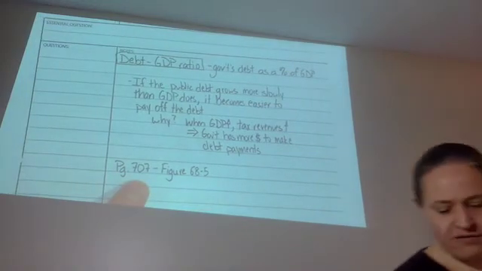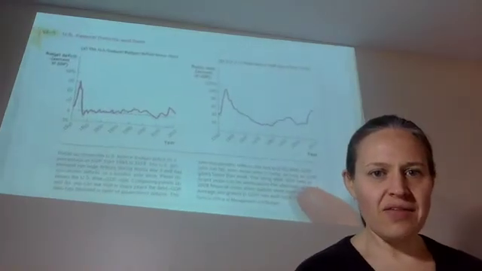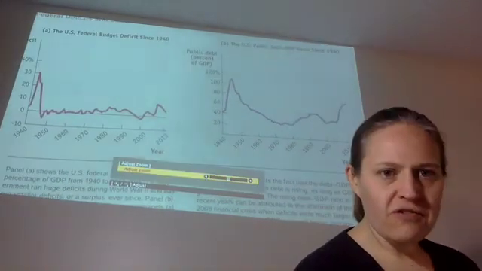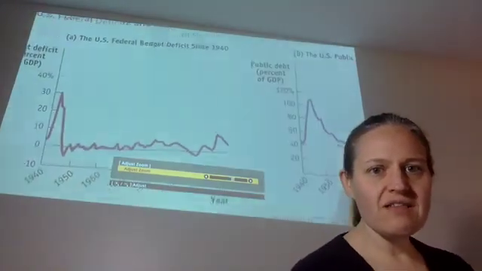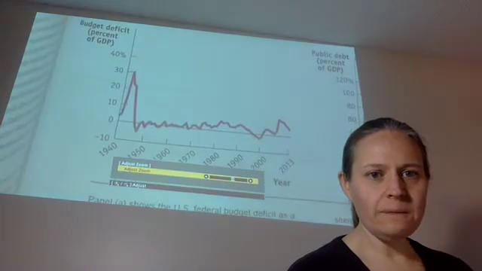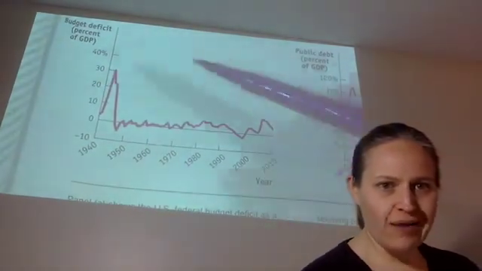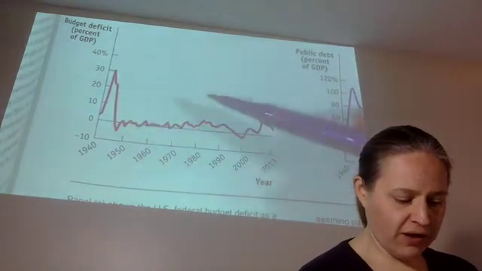I wrote here that there's a figure on page 707. It looks like this. On the left-hand side, this is the federal budget deficit since 1940. You can see that during the war, they were spending a lot of money. And then, after the war, the economy was really good.